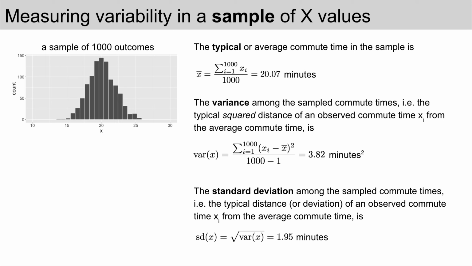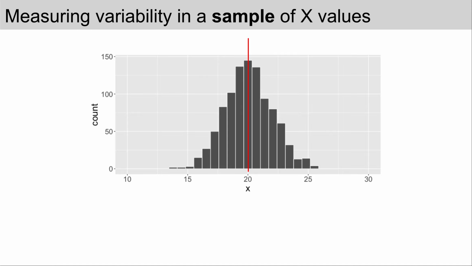Thus, on any given day, we expect your friend's commute time to deviate by 1.95 minutes from the 20.07 minute average. Stepping back, our sample has an average commute time of 20.07 minutes. And on a typical day, we expect that your friend's commute time will fall 1.95 minutes above or below this average. Again, this is just the expected or typical deviation from the average. It's possible that your friend's commute time is closer to or falls even further from the average.